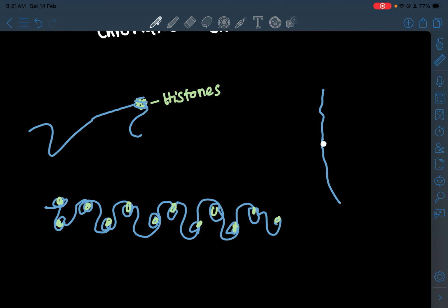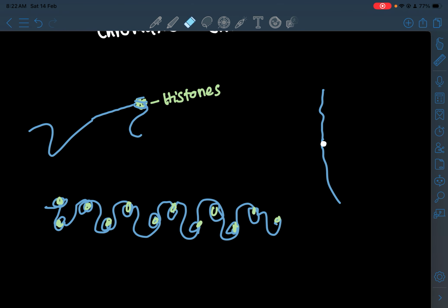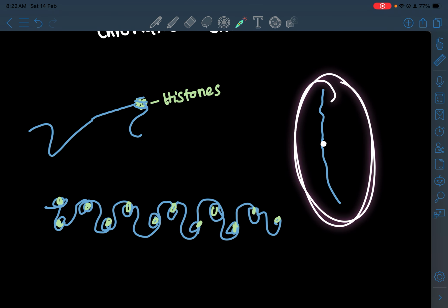Okay, so histones are a protein where the strand of DNA will coil together, and then they're going to form a chromatin. Or we draw it. This is chromatin.